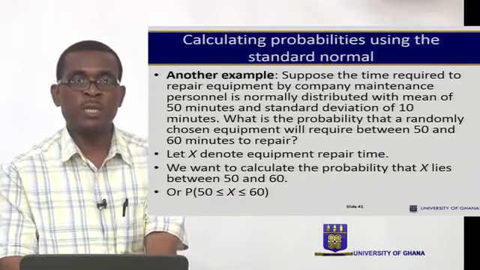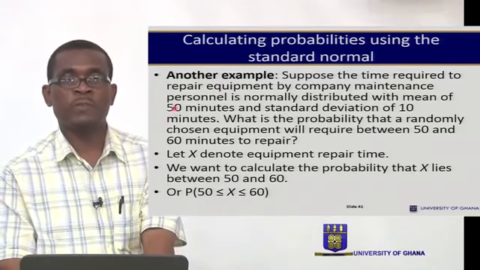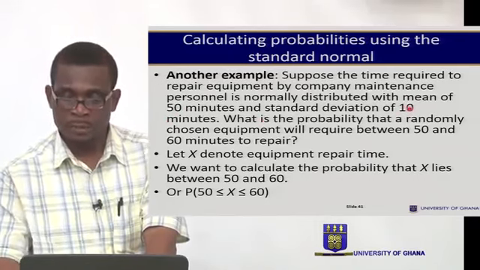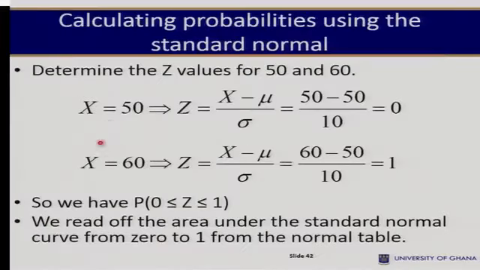And with the Z, you need the mean, which is mu, 50, and sigma, standard deviation, which is 10. So when X is 50, its corresponding Z value is 0. And when X is 60, its corresponding Z value is 1.